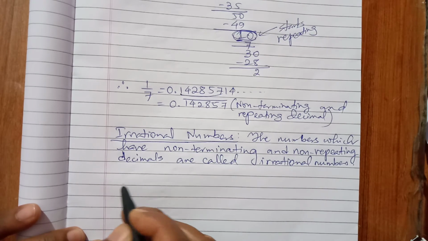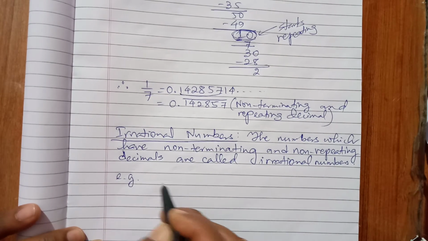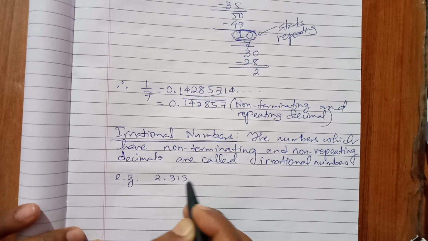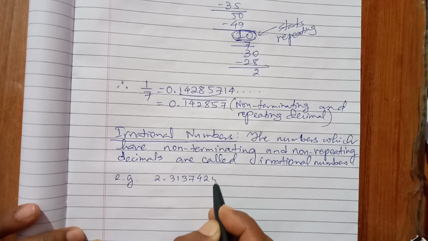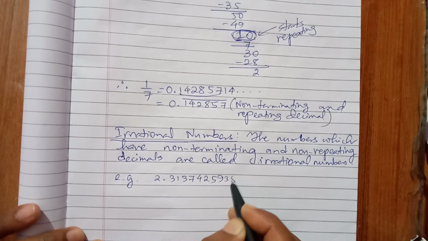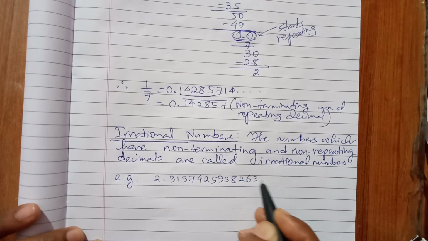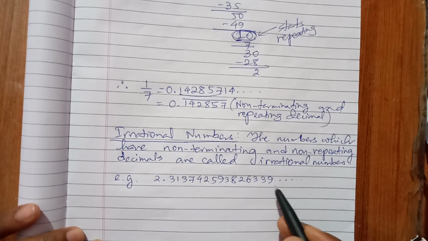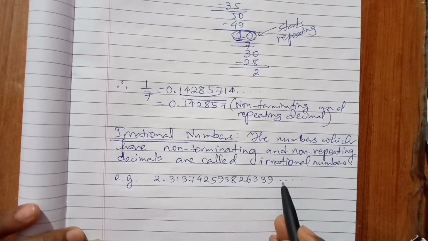For example, you see irrational numbers: 2.3137425938263339 dot dot dot. This dot dot means it is a non-terminating decimal.